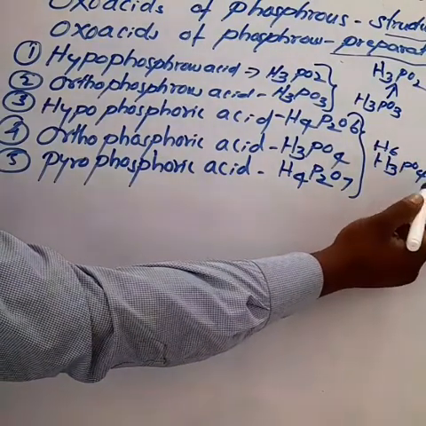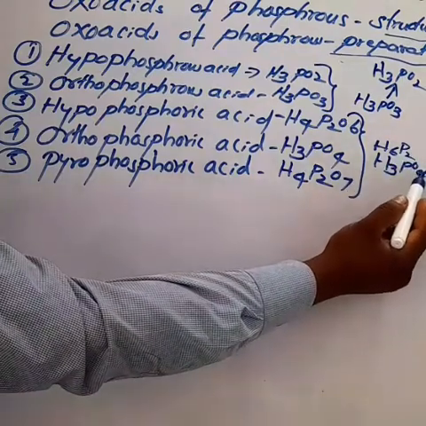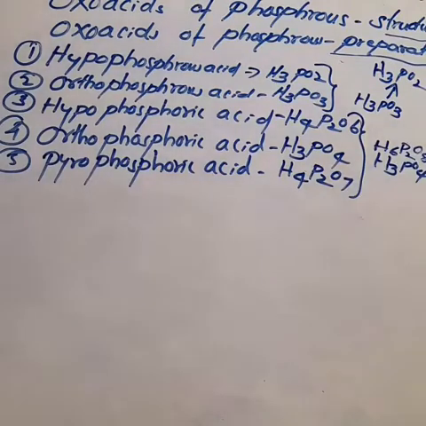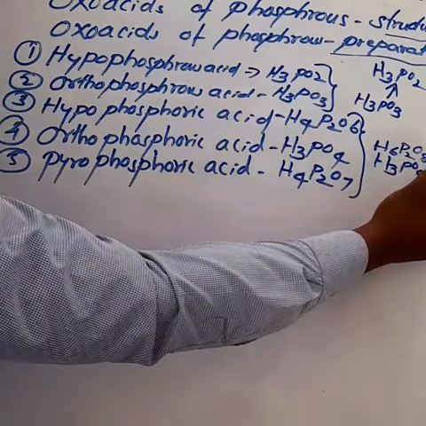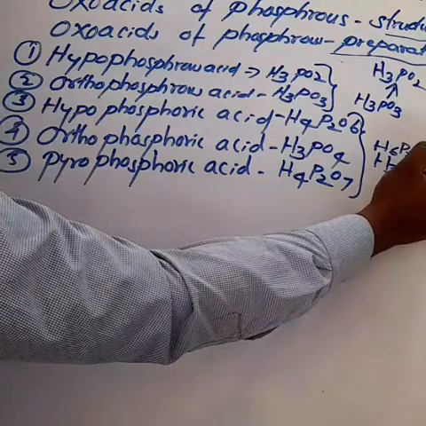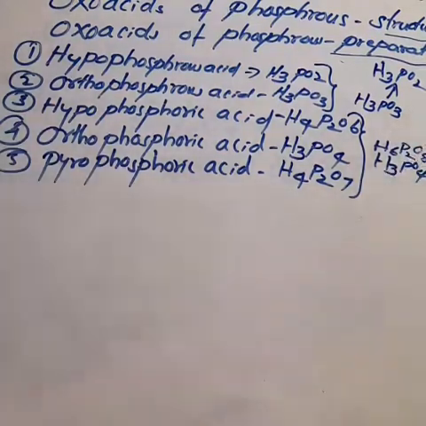Next, P into 2 is P2. 4 into 2 is 8. H6P2O8. From this compound, I am removing one molecule of hydrogen peroxide, H2O2. So, how does the formula become?